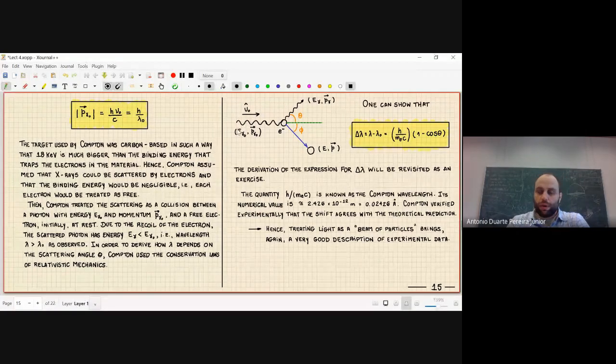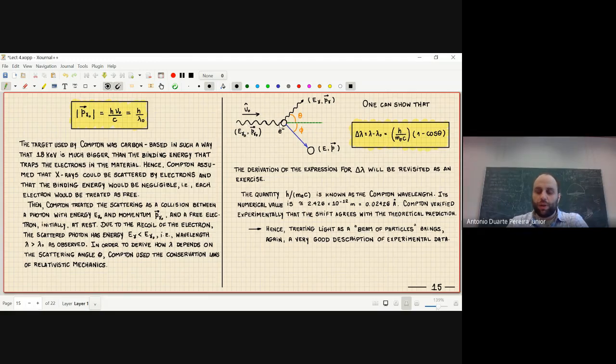This photon carries some energy, E gamma naught, and the scattered photon carries energy E gamma. So these energies are different, but energy is conserved. But what is conserved is not the energy of the photon, but the energy of the system.